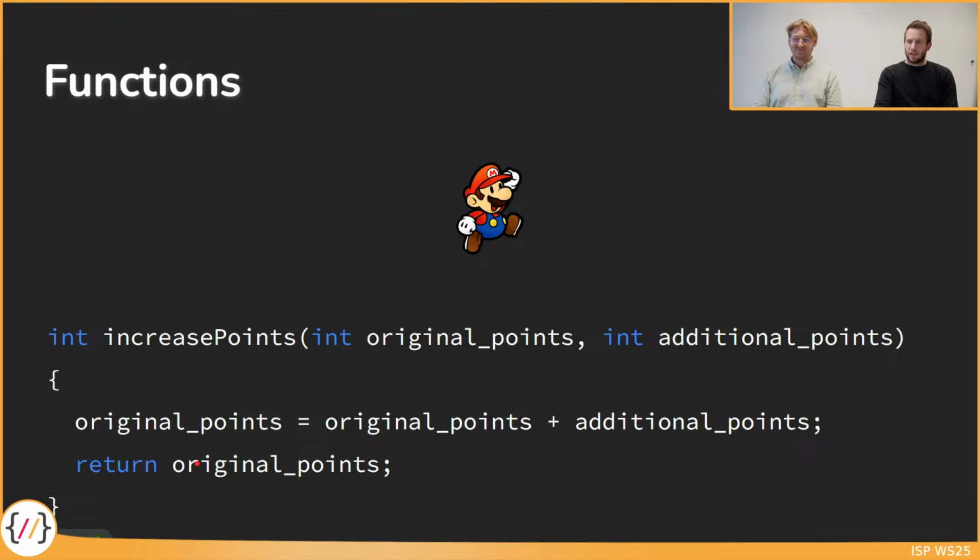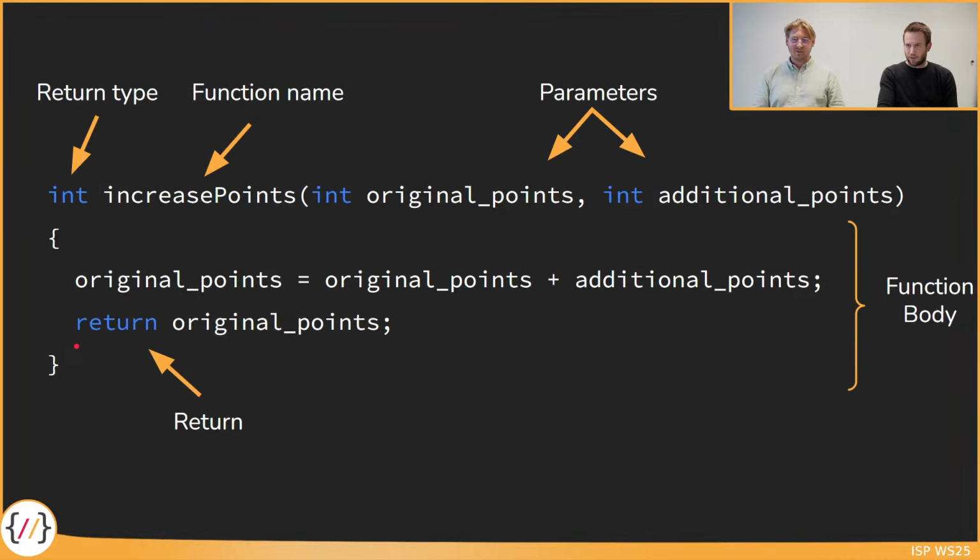And this data type of the return statement also has to be the same as up here in the function declaration, where we also have to state which data type the function will return. In our case, we want to return an integer because we add two integers, which results in an integer. So we finally return an integer, and this is also stated here, the return type.